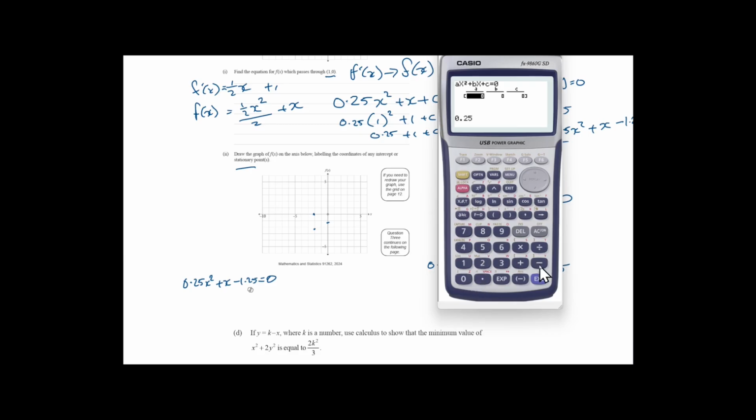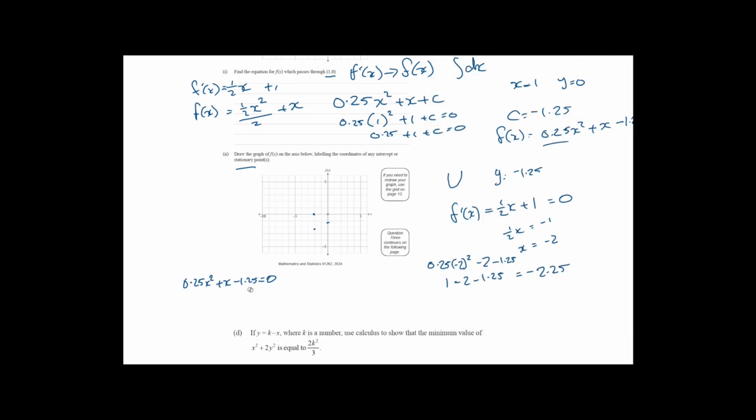0.25 is the coefficient in front of the x squared. The coefficient in front of the x is 1, and the constant is negative 1.25. I'm going to put that in, and it's going to give us two answers, 1 and negative 5. So we know that it's going to go through this point here and this point here, and that's our minimum.